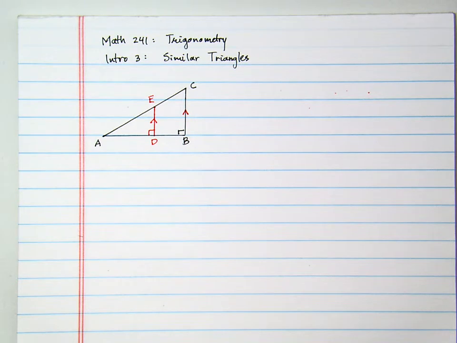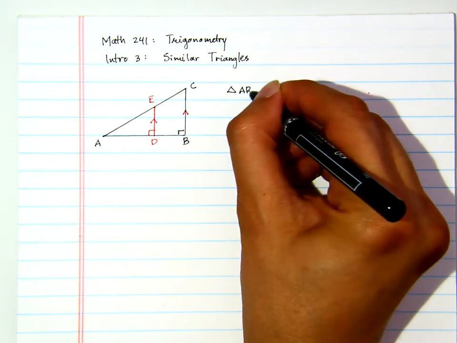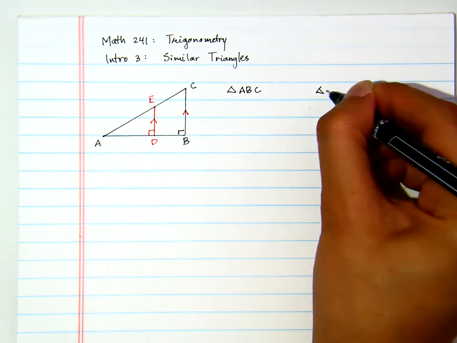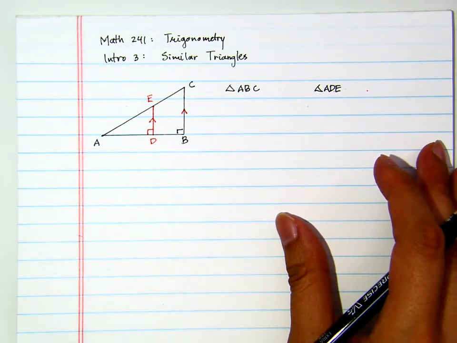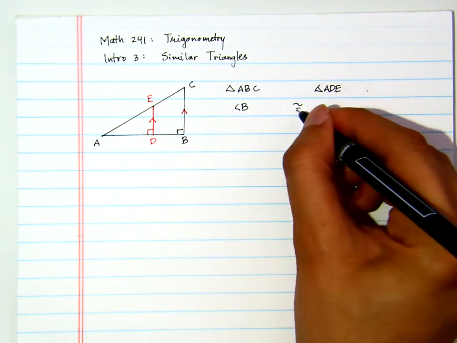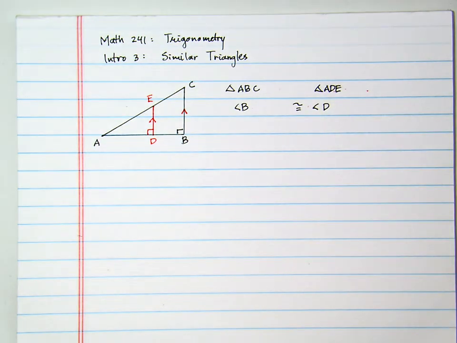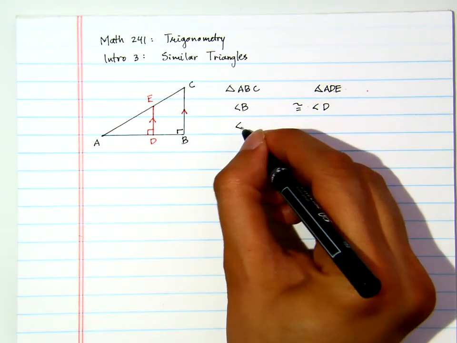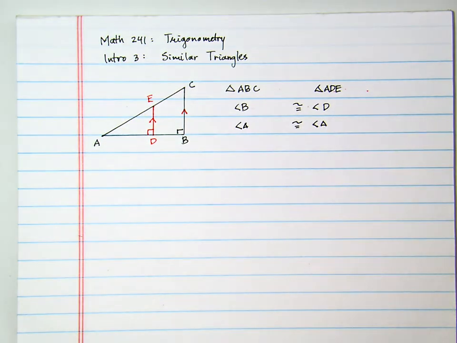Now, similar triangles says this. Notice that in triangle ABC and triangle ADE, angle B here is congruent to angle D here. That's one. Second, angle A here is congruent to angle A here as well. Well, that's identity, right?